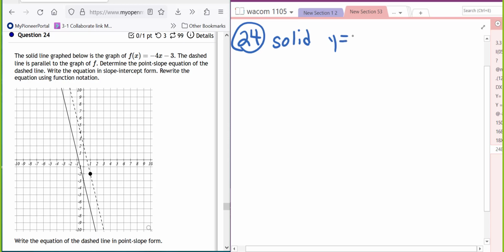I'm just going to switch that f of x to y. The dashed line is parallel to it, and so we want to determine the point slope equation of the dashed line. Well, to get the equation, you need slope and 1 point. Since you know the slope of this line and that it's parallel, your slope will be the same.